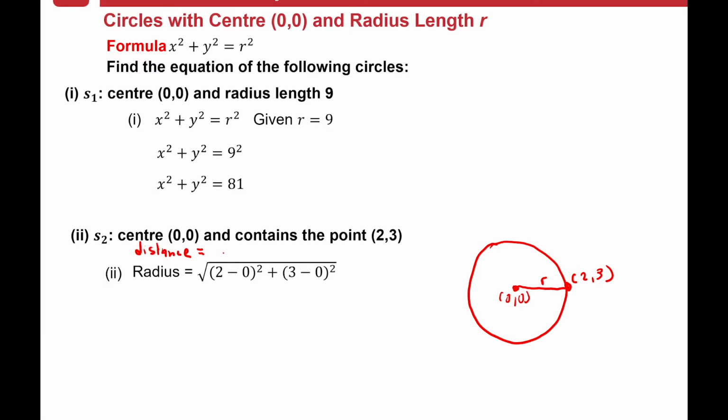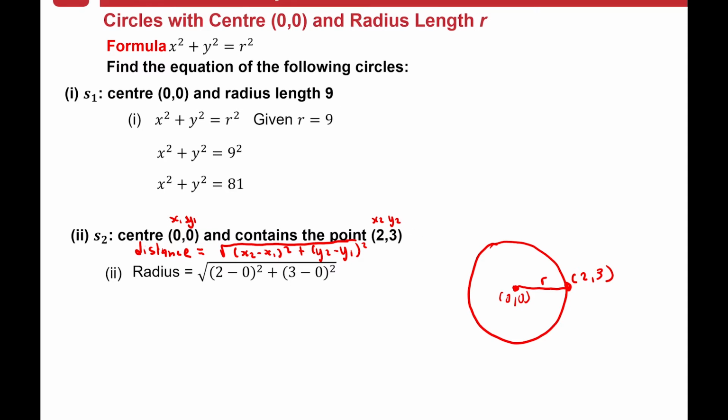Using our distance formula, the square root of x2 minus x1 squared plus y2 minus y1 squared, where we have our points x1, y1 of 0, 0 and x2, y2 of 2, 3.